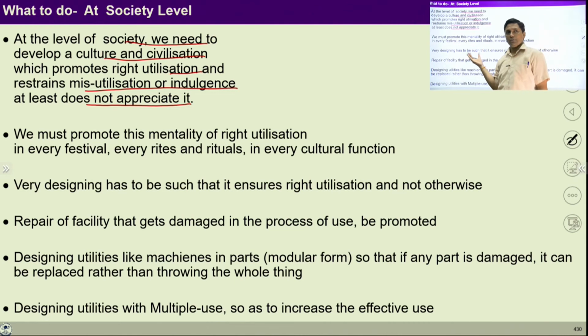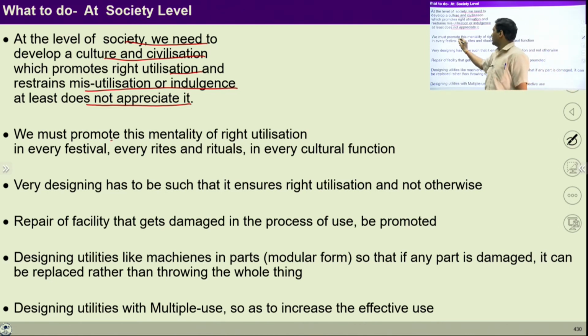So at the level of society, there is a need to develop a culture where people get motivated to right utilize the things rather than to consume more and more. A civilization where people get motivated to right utilize the self, body and physical facility rather than indulging in sensual pleasures. So at the level of society, we can develop such a culture and civilization.